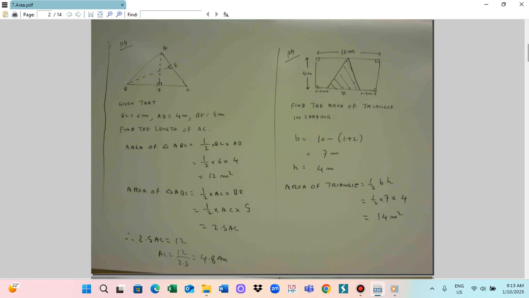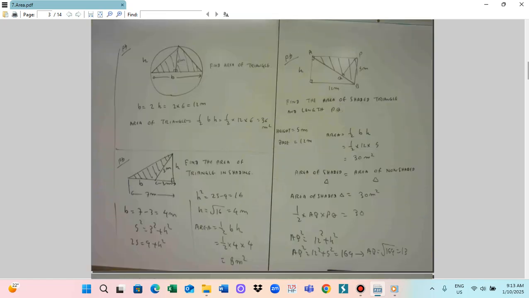This one also we need to find the area of the triangle. Given 6 meters is the radius, the base is the diameter. Diameter is 2 times the radius. So B is equal to 2 times 6, so you get 12 meters.